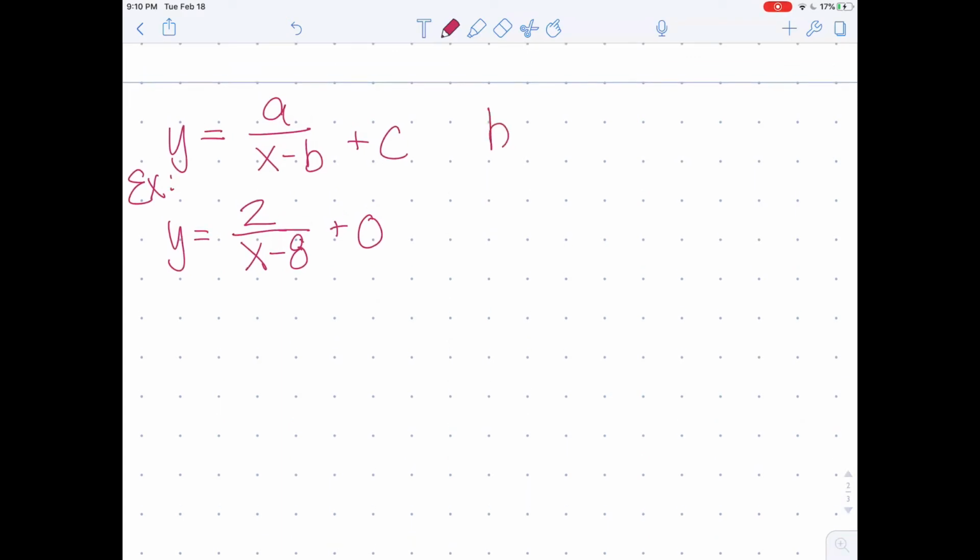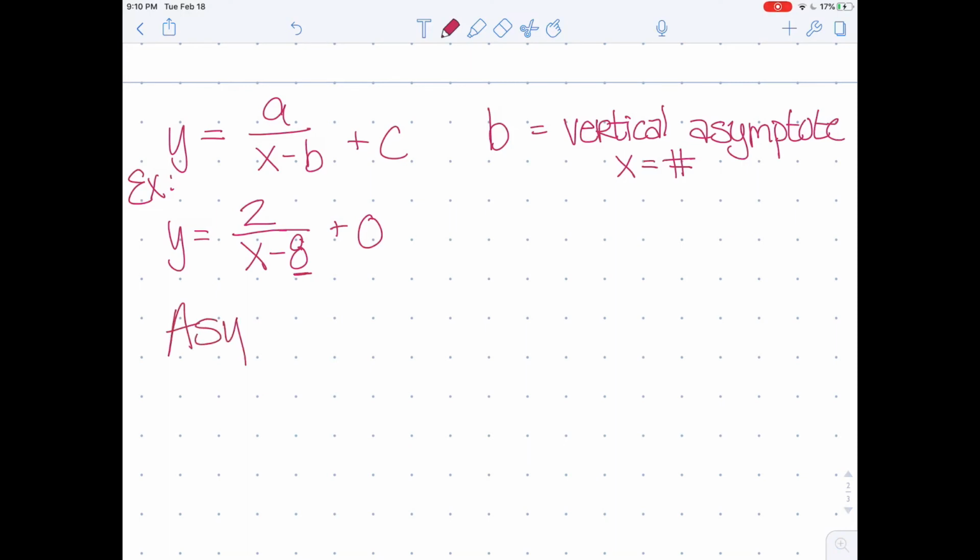So, b is the vertical asymptote. And this is always going to be x equals when we write it. So in this case, b is this 8. So we have one asymptote at x equals 8.